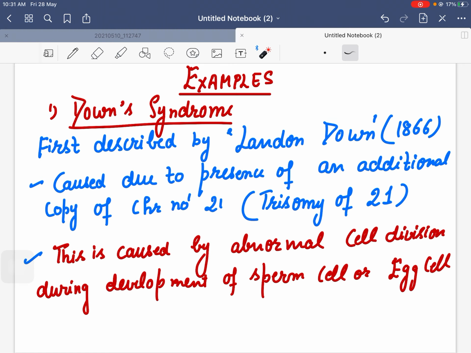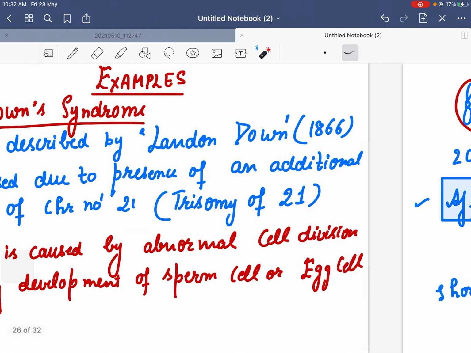So the first example we will take is Down syndrome. The scientist's name should be known to everyone as well as the year. It was first described by Langdon Down in 1866. Why is this syndrome observed? It is caused due to presence of an additional copy of chromosome number 21.